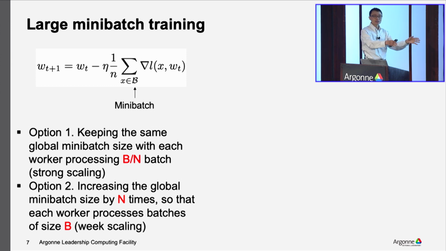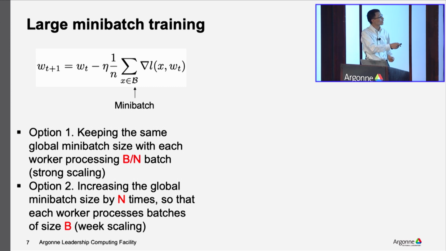Basically, you fix the problem size, and then once you have more and more workers, you divide this problem into smaller units. And the second option is that if you have two workers, I still let one worker do the 256 batch. And so overall, I'm effectively increasing the batch size to 512.